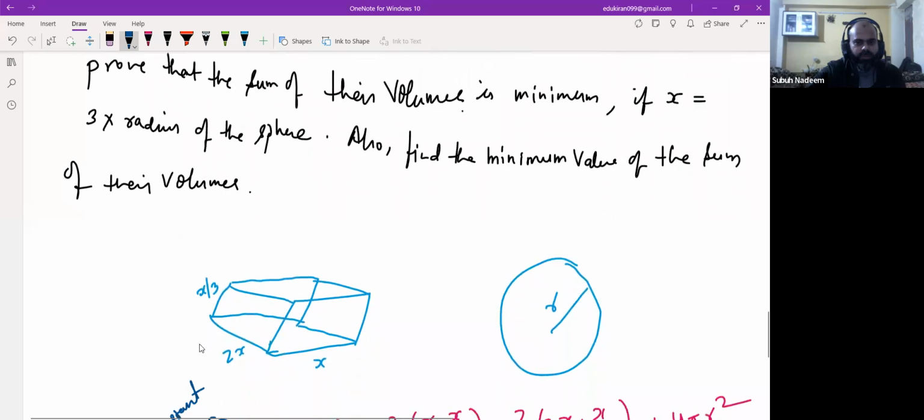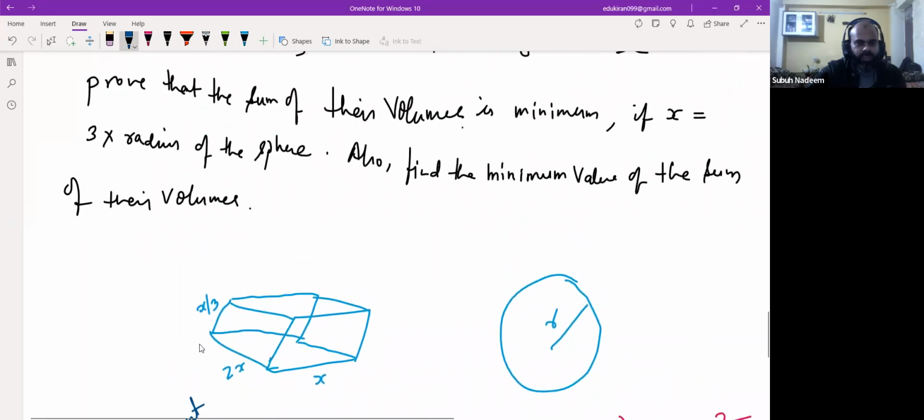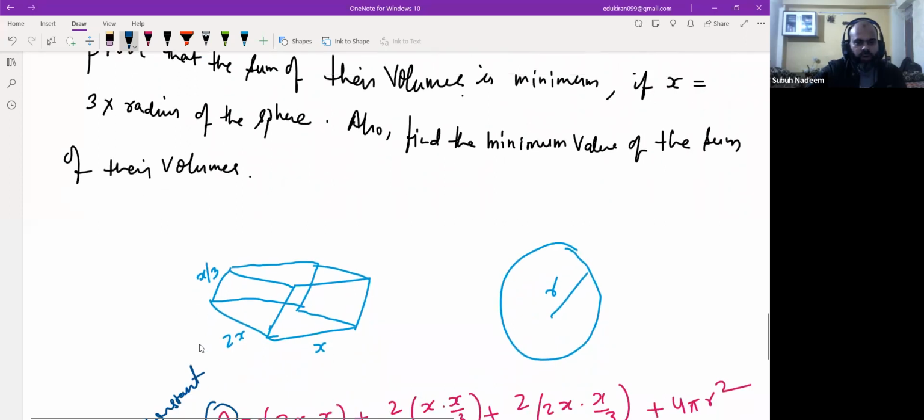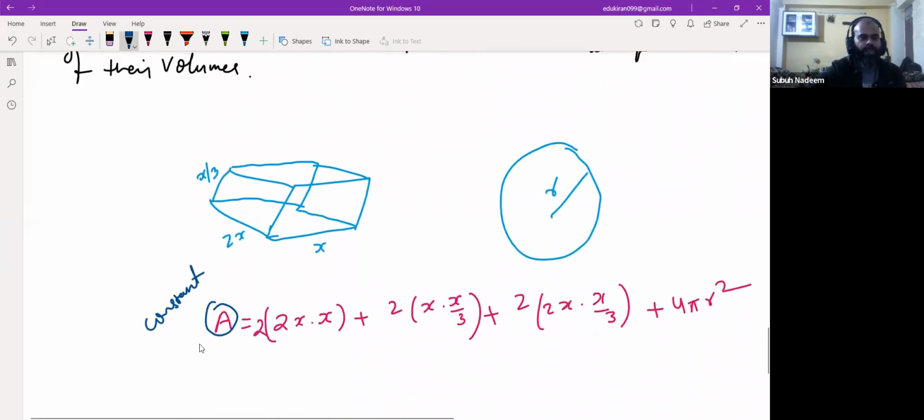Prove that the sum of their volume is minimum if x is equal to 3 times the radius of the sphere. Sum of their volume. So the volume of the sphere is 4 by 3 pi r cube. And the volume of the rectangular parallelepiped is x into 2x as the base, and if we take the height as h... no, it is not 1 by 6, that is the scalar product.